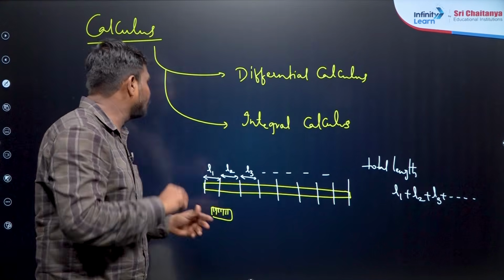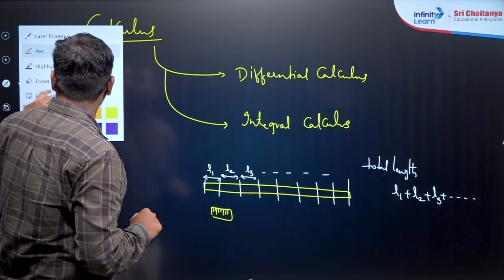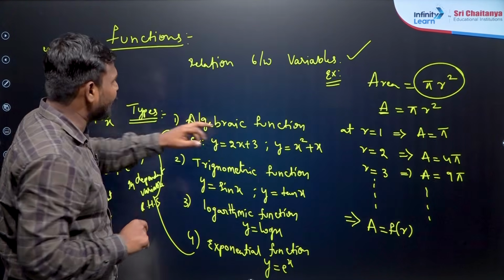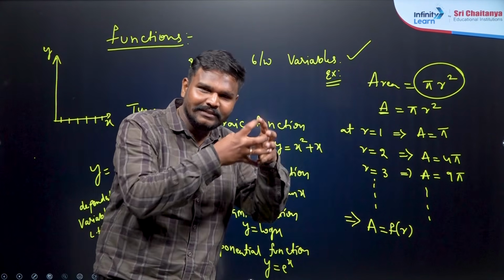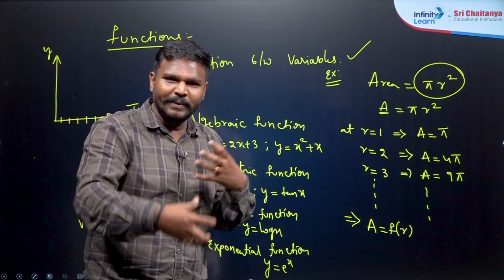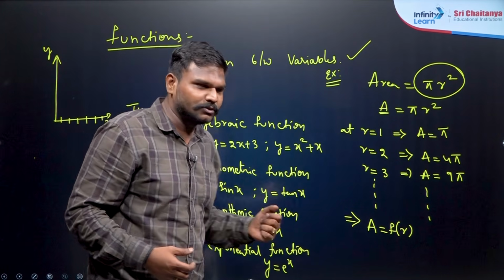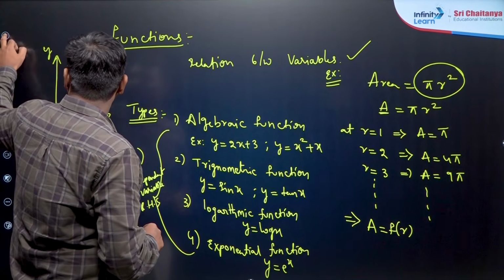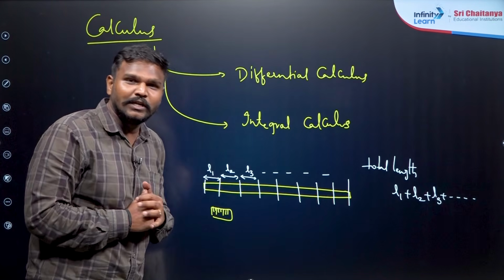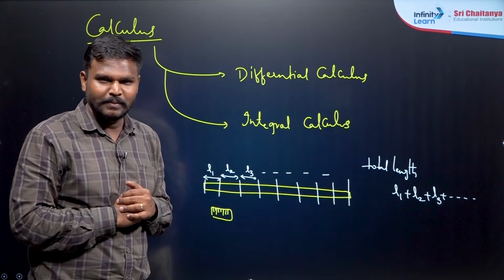I can't substitute each value like I have done in the previous slide, where for this function I put each value and then measured the average or the instantaneous values. We would not have that much time. So for that, what will we do? We will use the help of the calculus method.